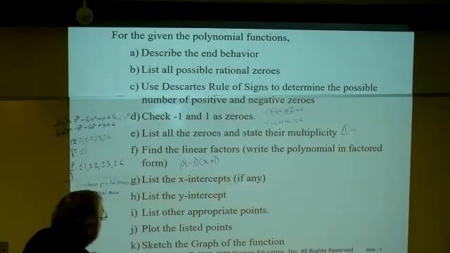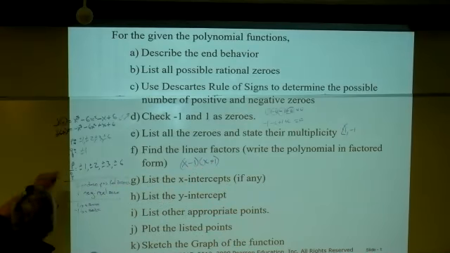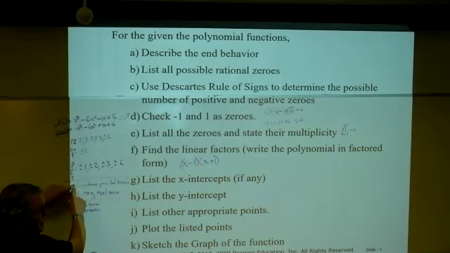And so that means I'm going to have another zero, right? Because we have at most 3 zeros. We have a positive zero, so that means I have to have another positive. And I already found the negative 1.